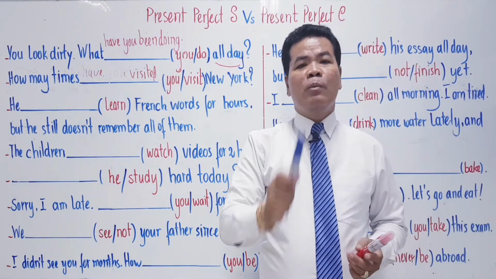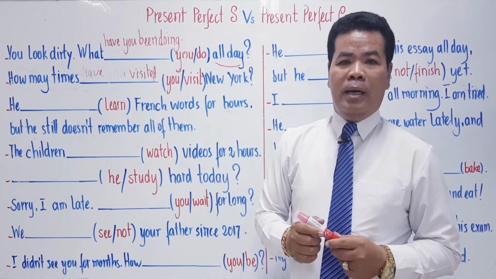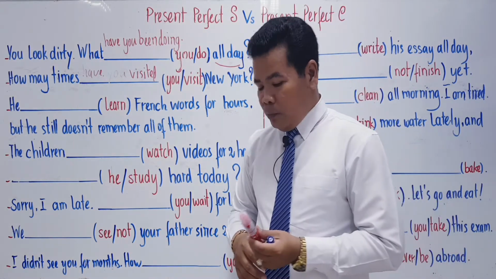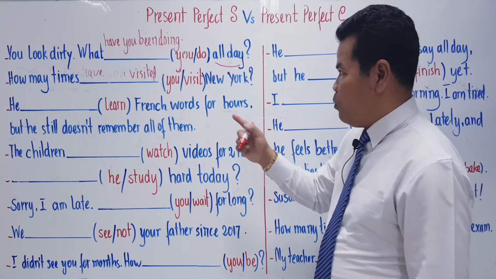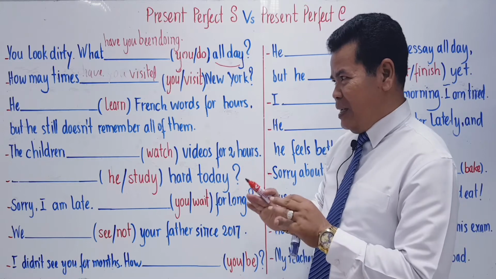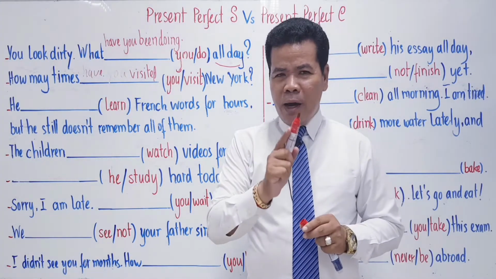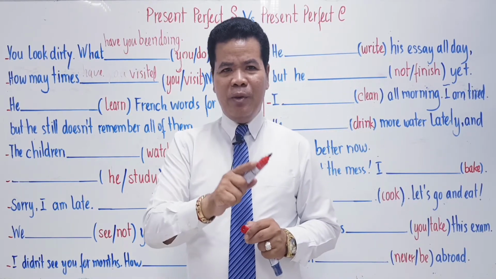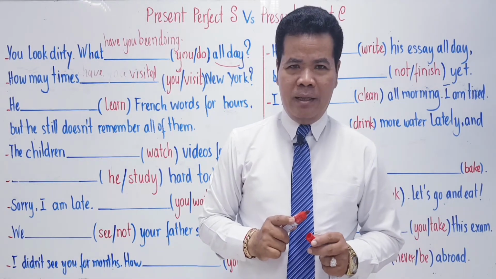Experience in someone's life is a lifetime. Okay? Let's go to the third example. He learned French words for hours, but he still doesn't remember all of them. Try to see every single word. Sometimes you have to see the meaning of the sentence.